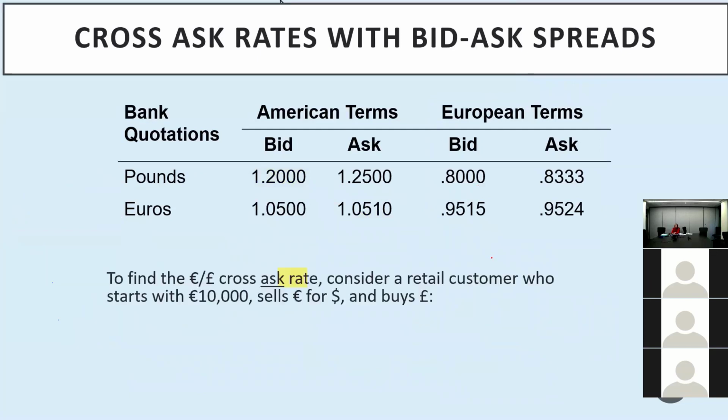So similarly, if we want to calculate the cross ask rate, we would consider a situation where the customer wants to sell the euro for the dollar, and then they want to buy the pounds back, right?